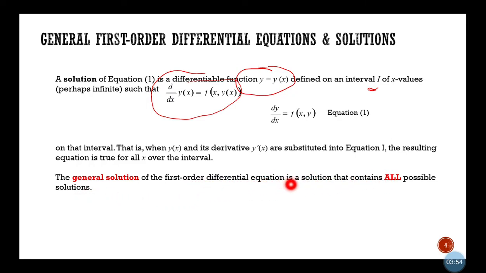Because we do not know the exact solution, we consider it a general solution. If you do not understand yet what general solution means, it doesn't matter, just hang in there, because we will explain it through an example in a bit.